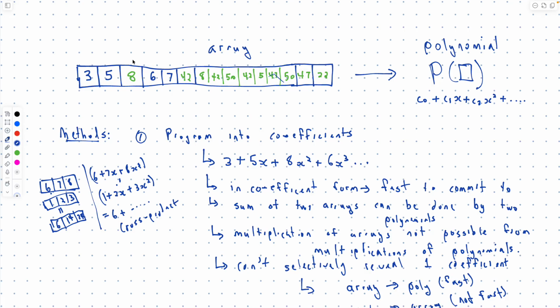I want a polynomial that represents all of these values. Can you give me a polynomial where all those values are somewhere inside the polynomial?